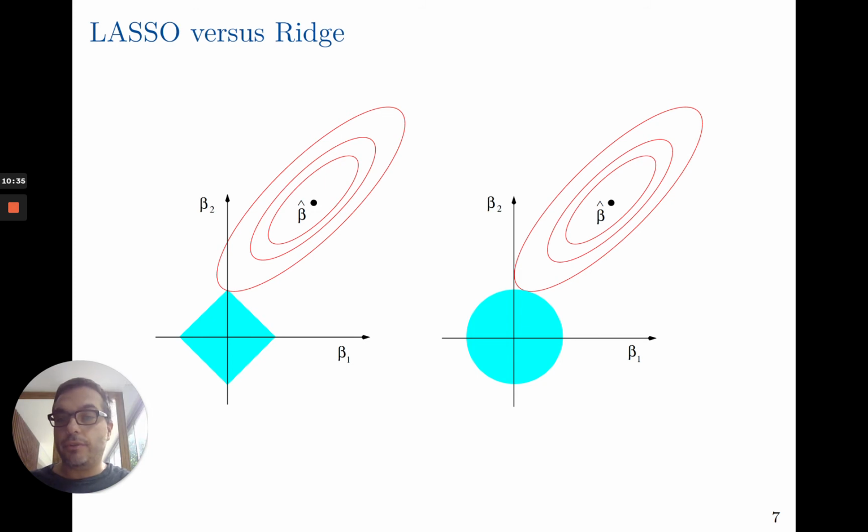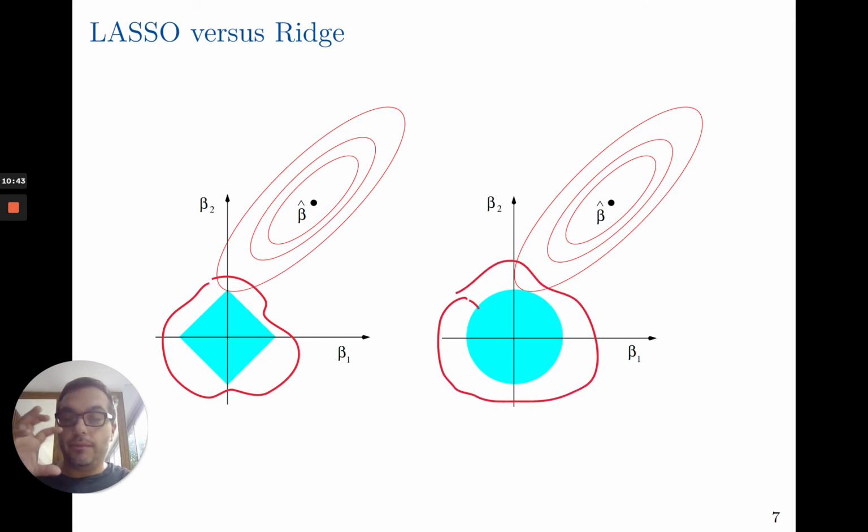So this is the constrained version, here the diamond, or the ball, the circle. These are the constrained regions, okay? So basically here we are saying that the absolute value of beta 2 plus the absolute value of beta 1 is less than a given constant. And here we are saying that the square of beta 2 plus the square of beta 1 is less or equal to some constant, okay?